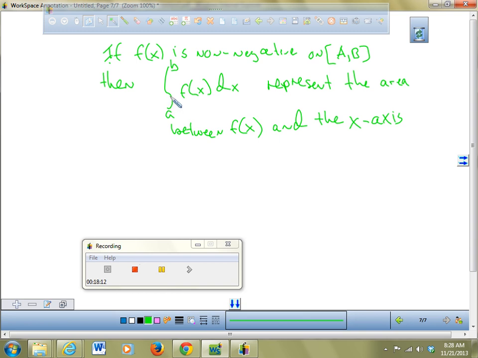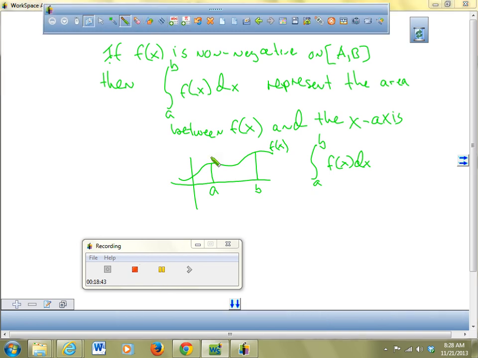Physically, what this represents is the area beneath the curve if it's above the axis. So if you have some function going like this, here's another arbitrary function that I drew, the integral from a to b of f of x dx is equal to the area underneath this curve. So that's equal to that area. You get that? Because if I summed up infinitely many rectangles, that's what I would get.